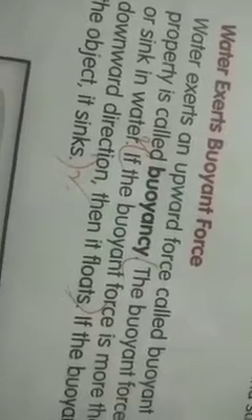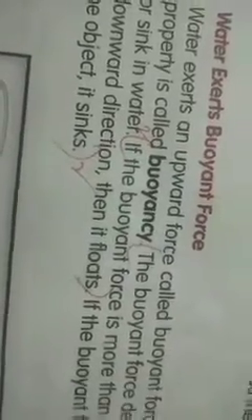They push out much more water, which exerts a large buoyant force and forces the ship up, so it floats. In the case of an iron nail, the water displaced is less, so the buoyant force is less and it sinks, right children? So again, you read out the lesson.